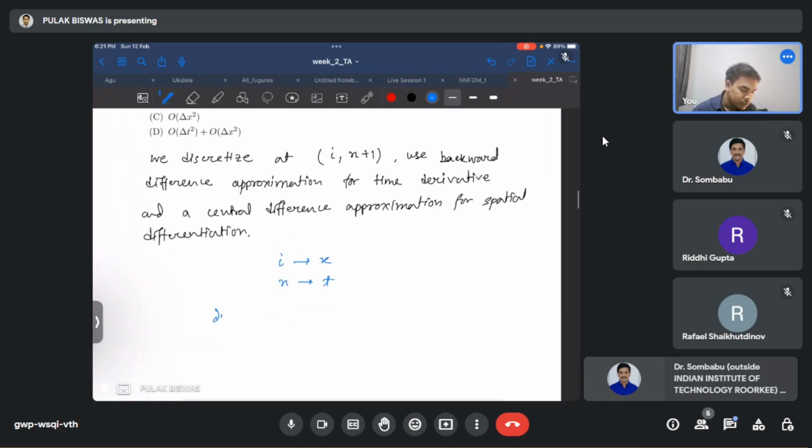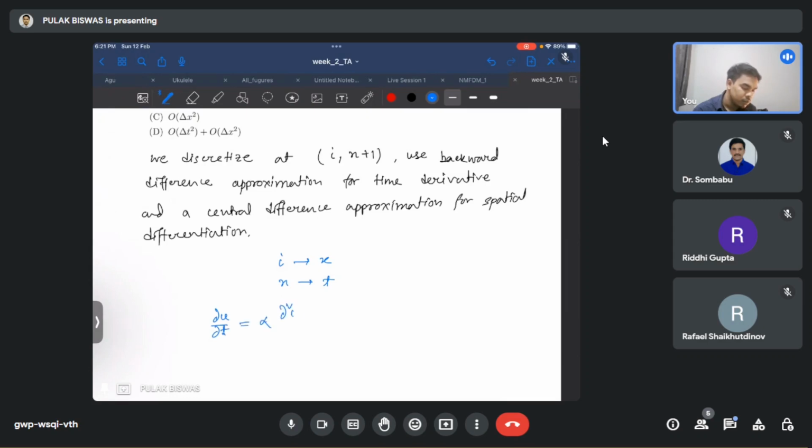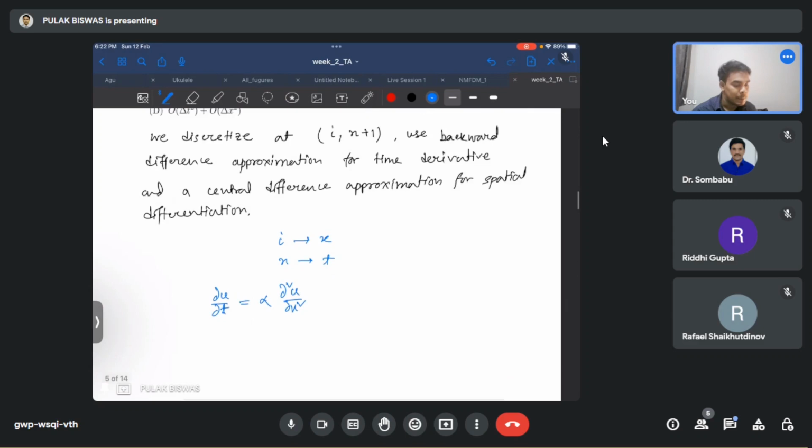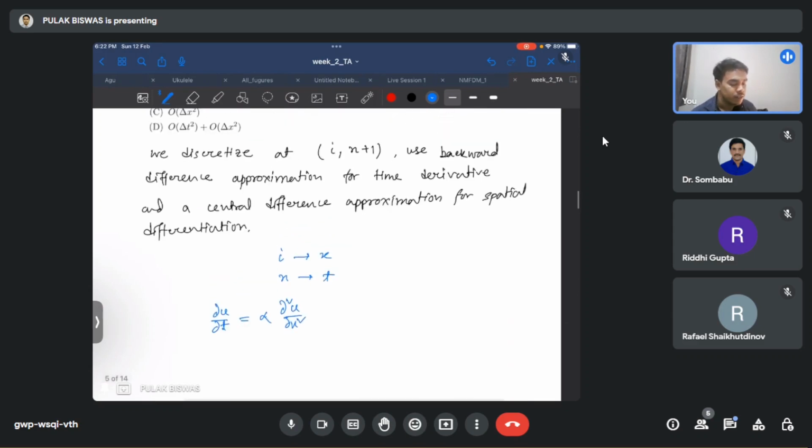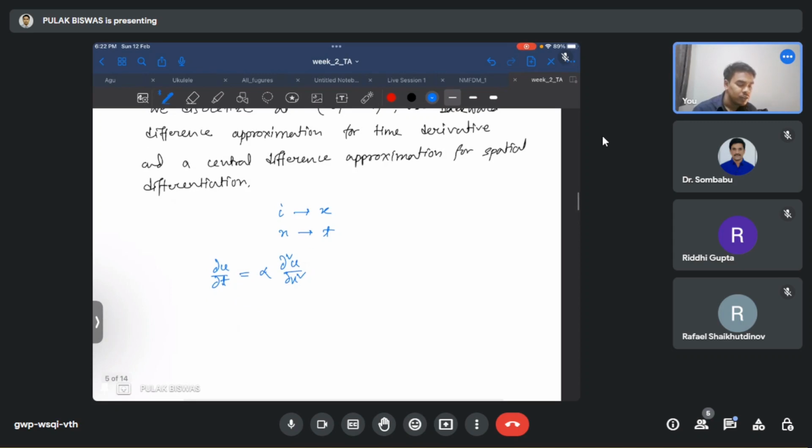So the equation is del u del t equal to alpha del 2u del x2. Can you tell me the expression using this i and n? We can represent a function like this: ith position at nth time.